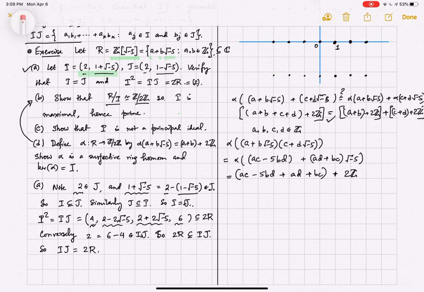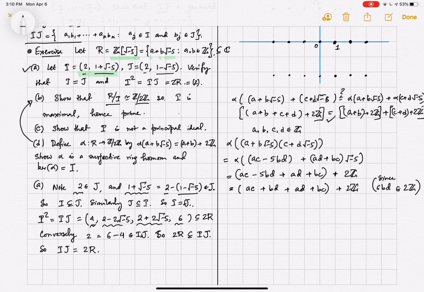On the other hand, if you did the other one, or maybe we can just continue. This is the same as ac plus bd plus ad plus bc plus 2Z, because what I changed by is 6bd, and that's certainly in 2Z.